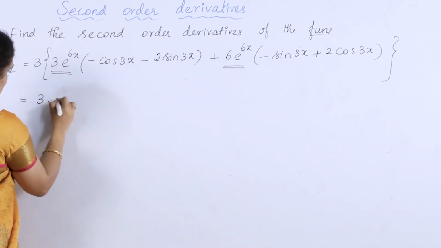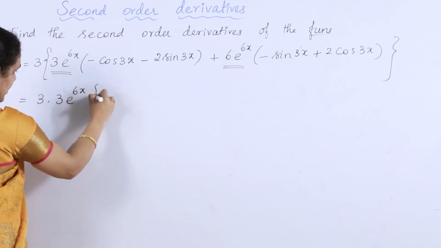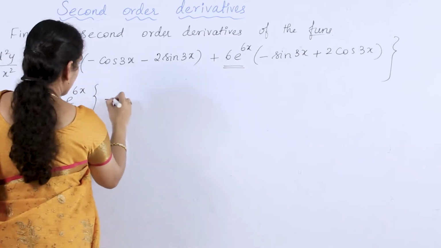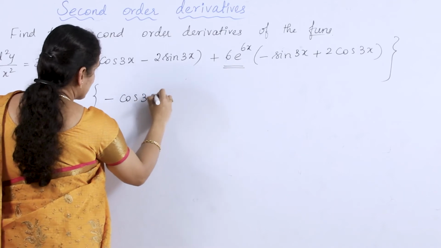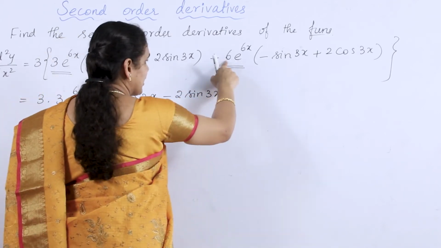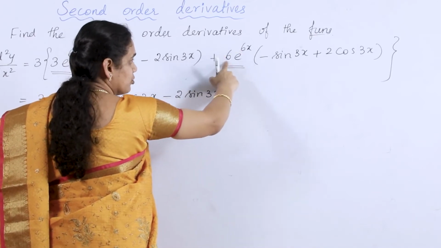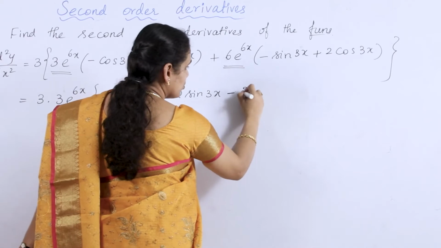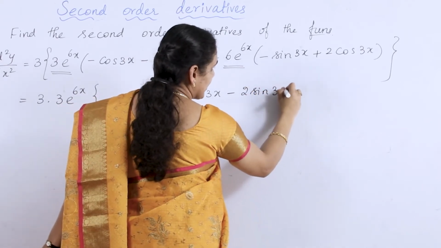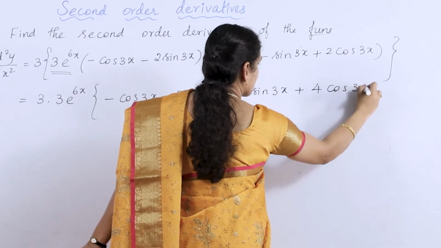So 3 times, if you take 6 e to the power 6x outside, then what you have here is minus cos 3x minus 2 sin 3x. Here we have taken 3 e to the power 6x, so 2 remains, right? So that 2 you multiply inside. So minus 2 sin 3x plus 4 cos 3x.